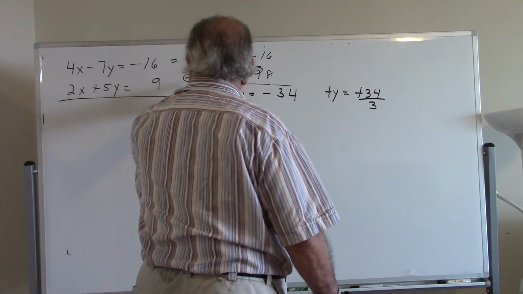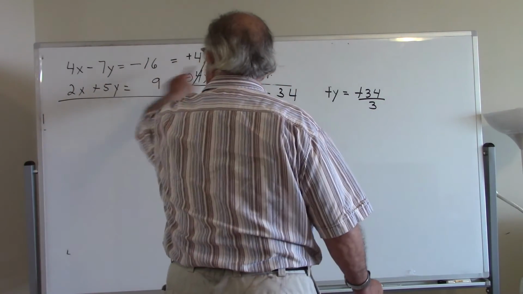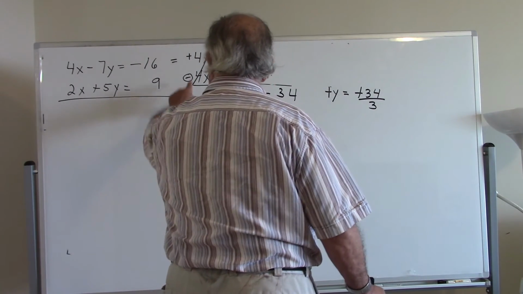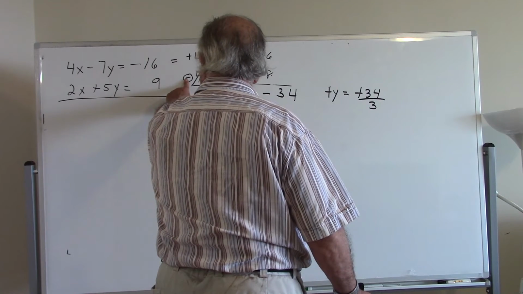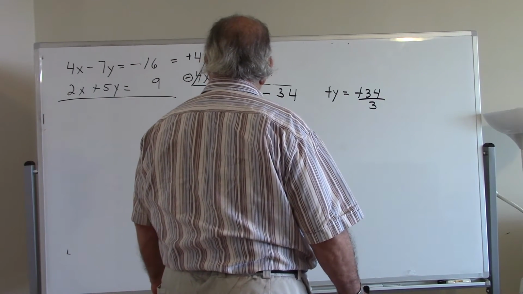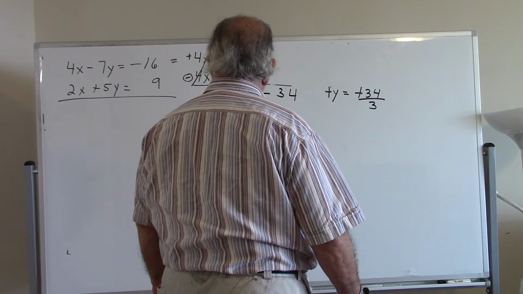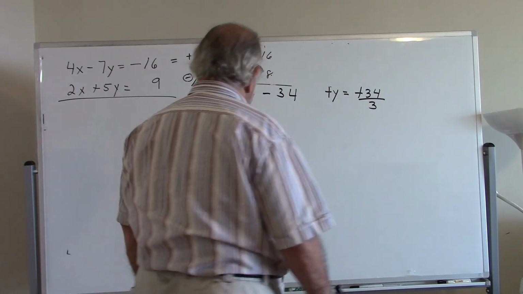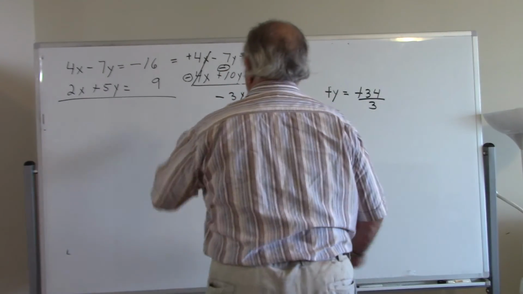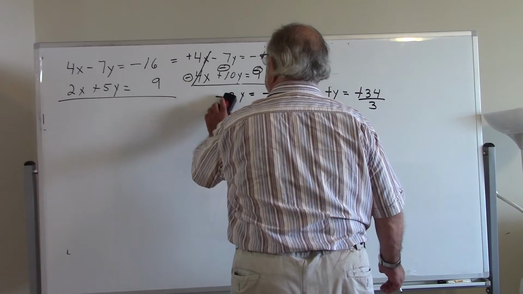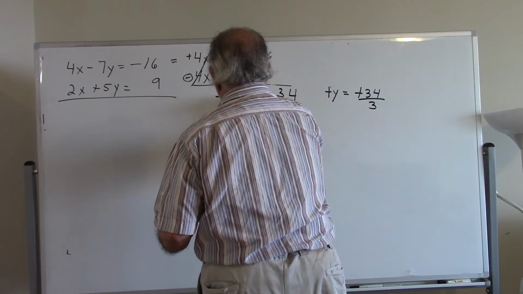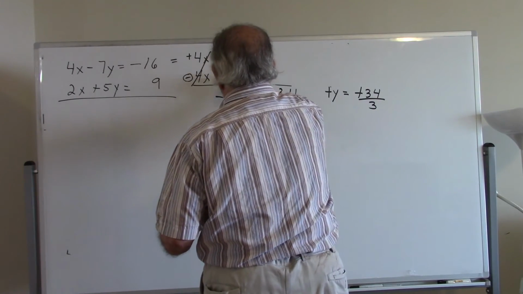Let me recheck this. 4x minus y, 4x, 10y, 18. Change this here to a minus. Change this. Oops, I see a mistake right now. This has to be not 3, but a 17, because you have 2 minuses.